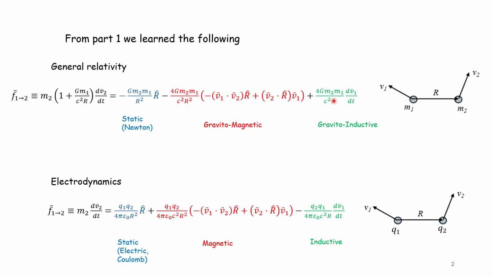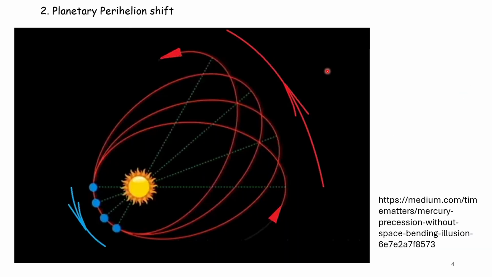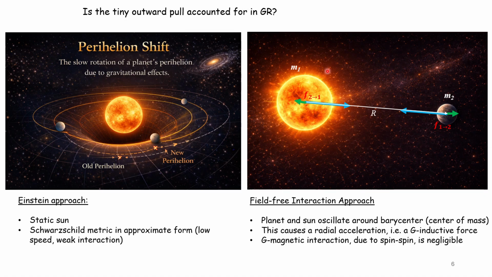So all kinematics vanish, general relativistic effects vanish. So we need a motion of the Sun.